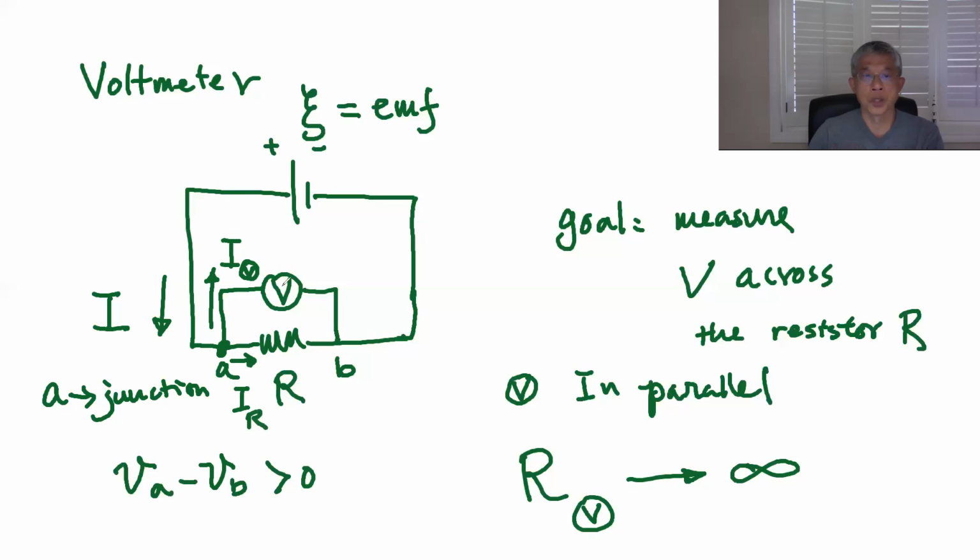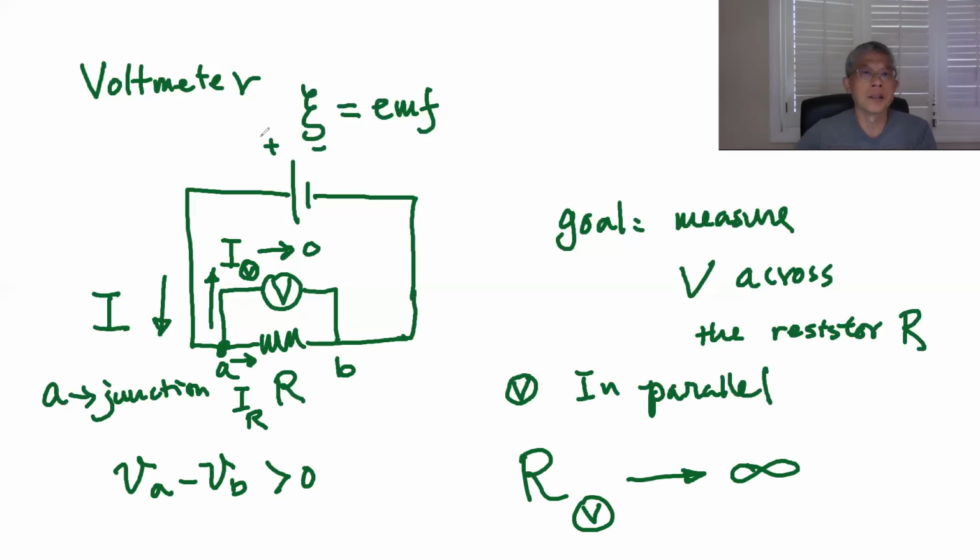If the resistance of this voltmeter is very large, this IV will be close to 0. So the current going through this resistor will not change, R doesn't change, so the V shouldn't change. That's the purpose: not to impact the current going through this resistor so that it won't impact the voltage that you try to measure.